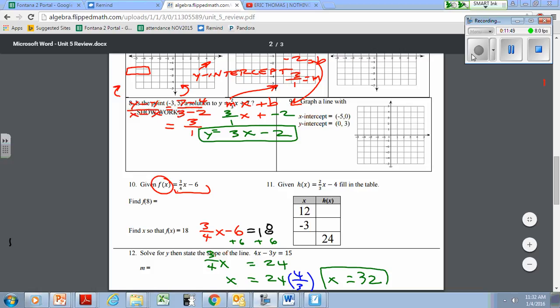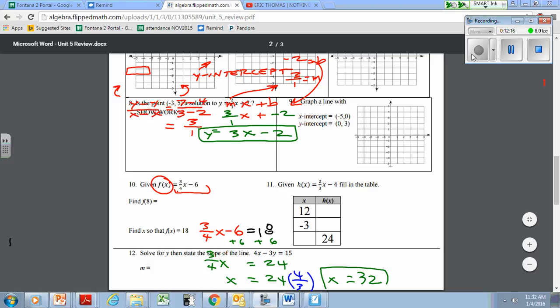F of 8 says, hey, what does this whole thing equal when I put an 8 in the place of x? This one down here says, what must x have been? So when I did all the work, it equaled 18.